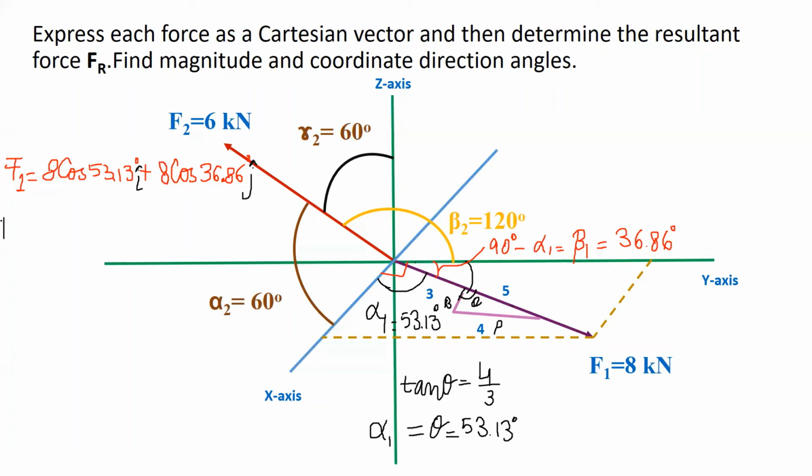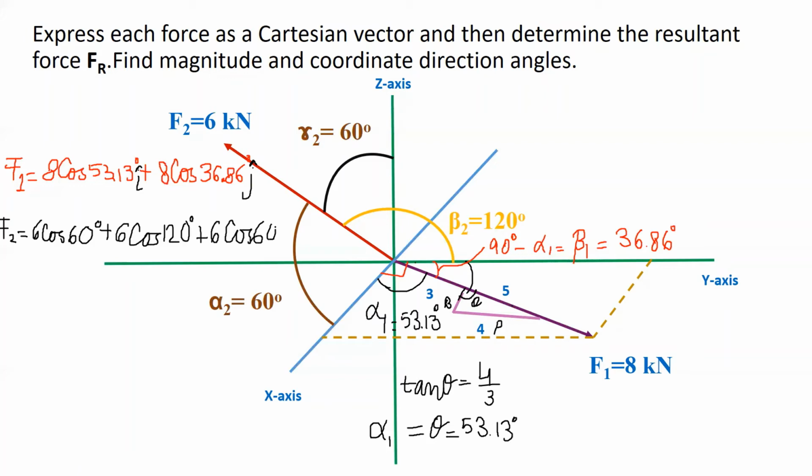And for F2 force, obviously you know all of alpha, beta and gamma, and the magnitude of F2 is 6. So this will be 6 cos alpha 2, which means 60 degree, plus 6 cos beta 2, which is 120 degree, plus 6 cos gamma 2, which is 60 degree.